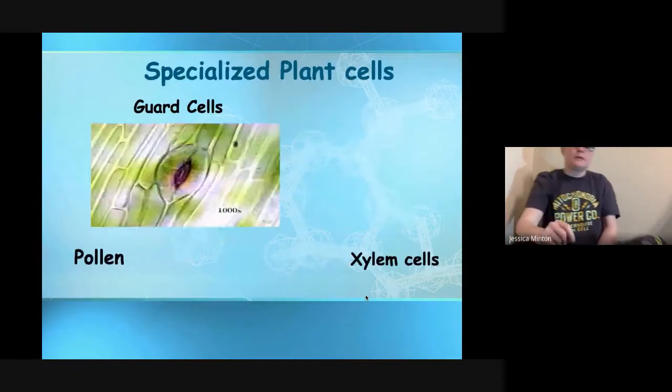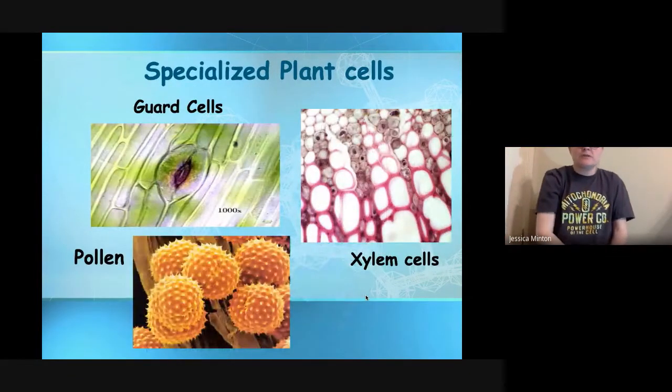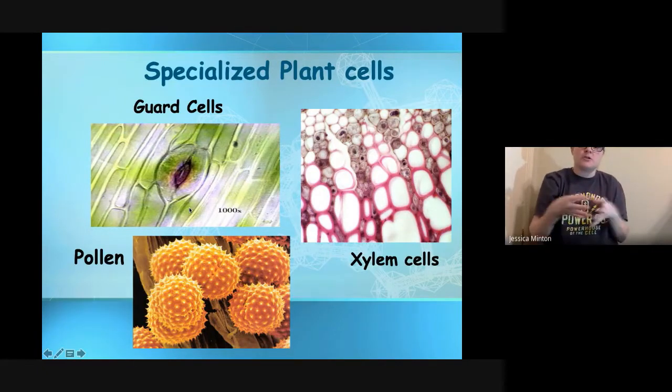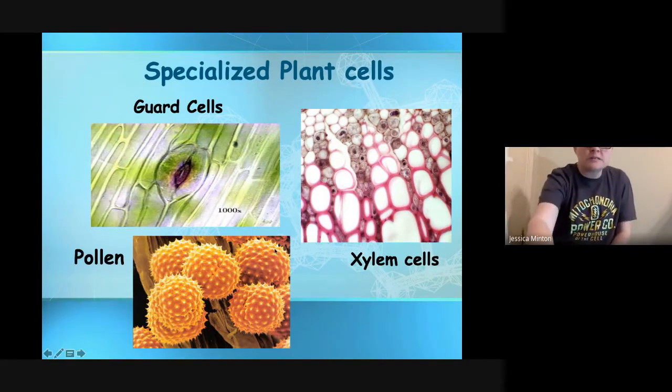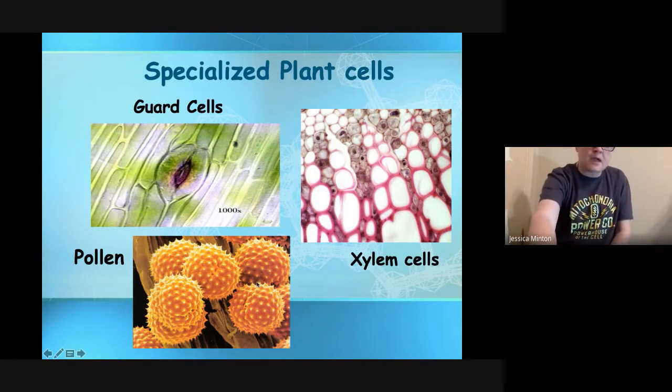Now let's go to plants. You've got some specialized cells as well. You've got your guard cells, and notice again these are more elongated, and they sit right around the stomata and open and close. Notice that this is also under a microscope, those xylem cells that you're going to find. And pollen.